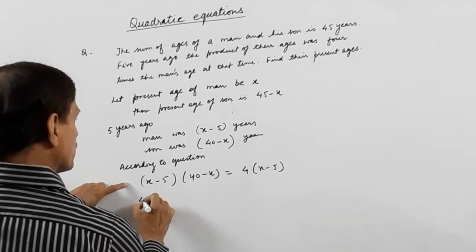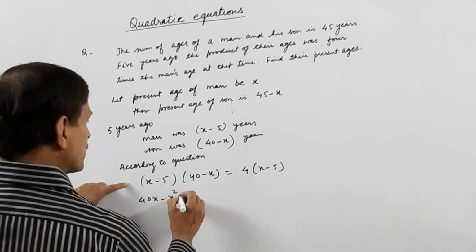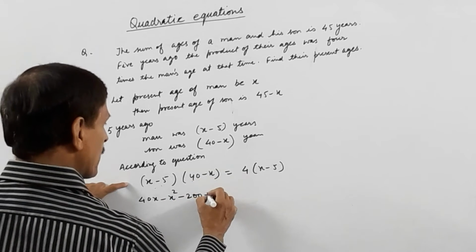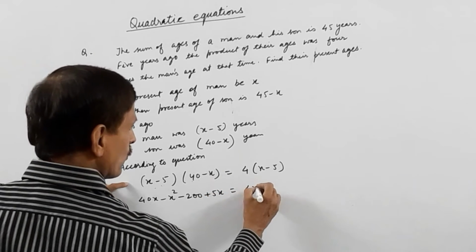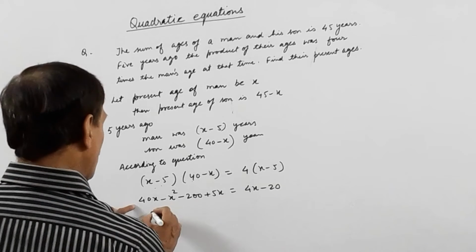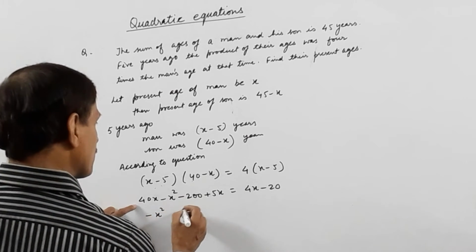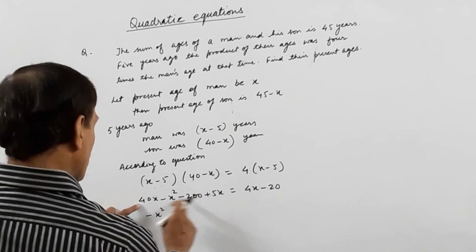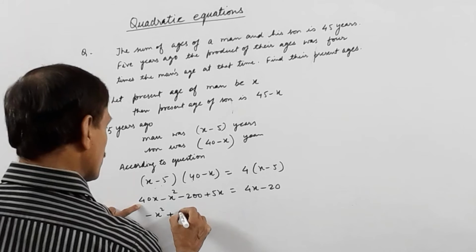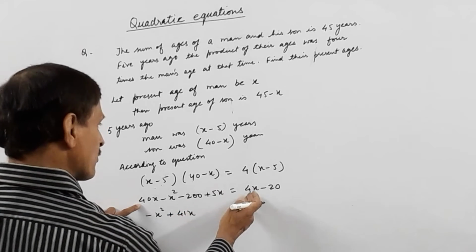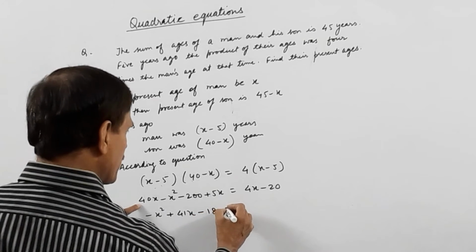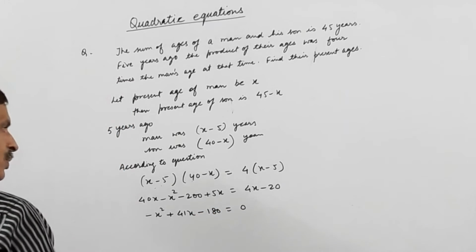Simplifying it, this is 40x minus x square minus 200 plus 5x is equal to 4x minus 20, or minus x square plus 41x minus 180 is equal to 0.